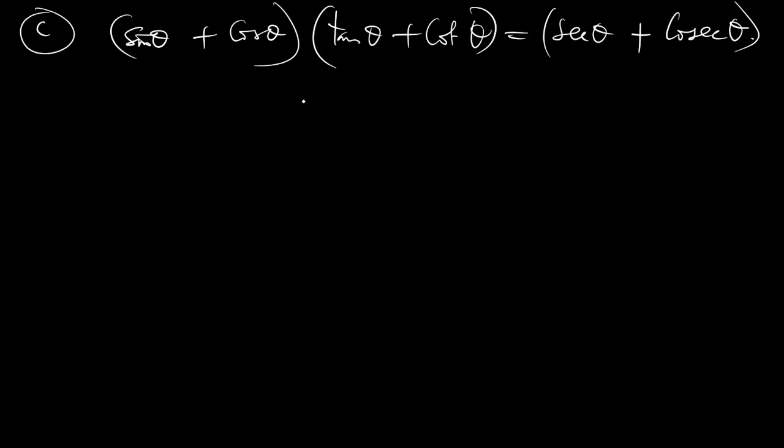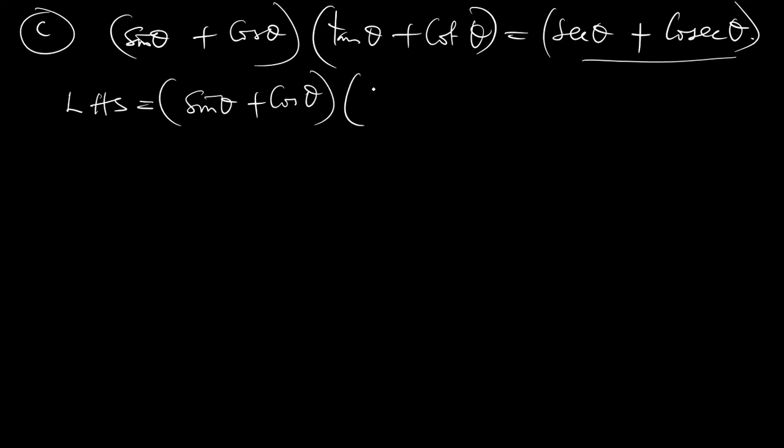Cool. That is it. So now what we're going to do next is we're going to look at the left hand side of the equation. You have sin theta plus cos theta times tan theta plus cot theta.